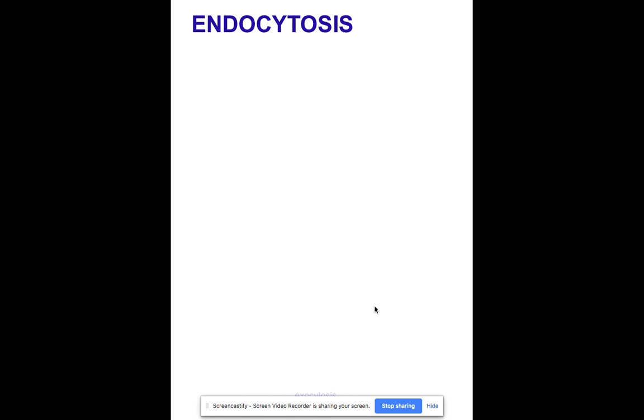In general, there are two general types of active transport. Endocytosis is anytime you're entering a cell, bringing something in. You could be bringing in a large liquid or a large solid.